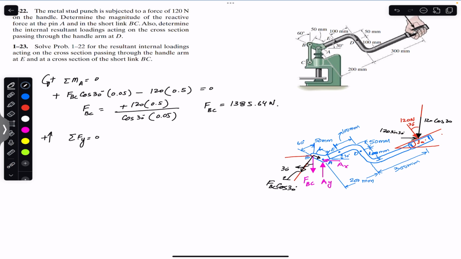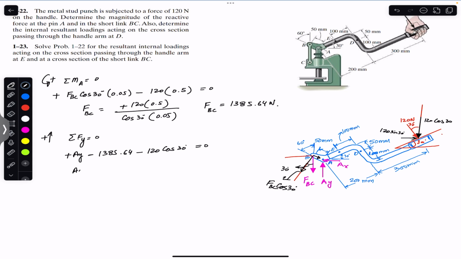So we have ay in the positive y, so we will write plus ay. We have this FBC in the negative y, so we write minus FBC, which is 1385.64, and this cos component is in the negative y, so we write minus 120 cos of 30. This is equal to 0.